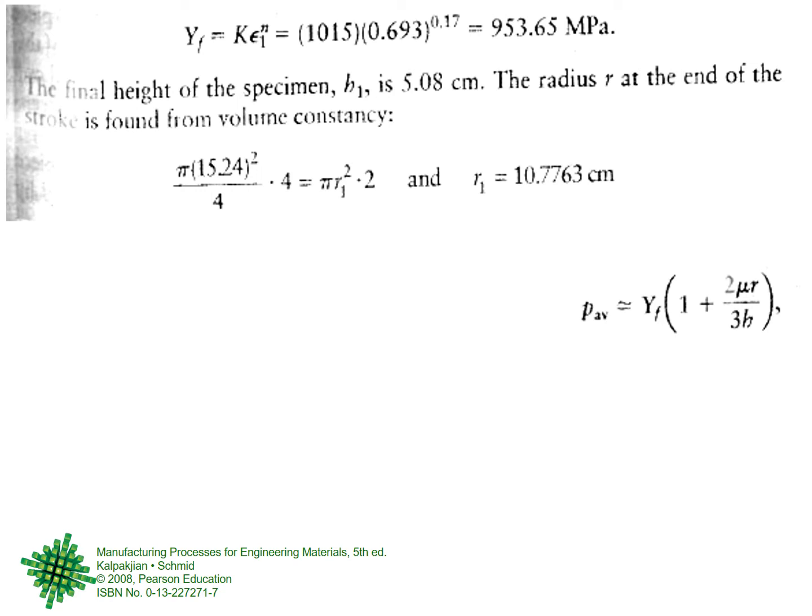Combine them. Don't look at their solution. You do what you do, right? Pi r squared original h original is equal to pi r squared h final, and you will find that r1, the radius at the end of the stroke, is 10.7763 centimeter, right? So the radius is also known now, right? We found the strain. From the strain we found Y, and now the radius is also known.